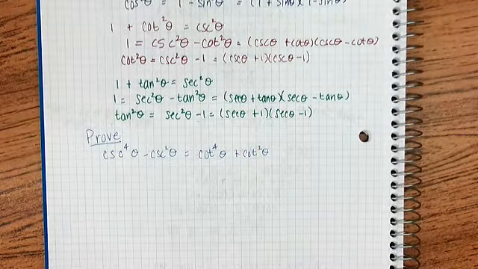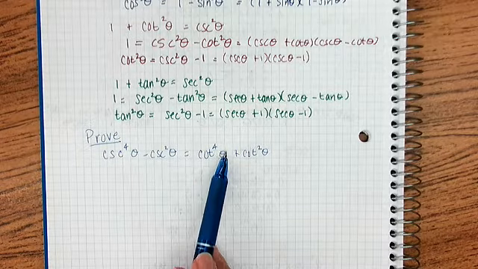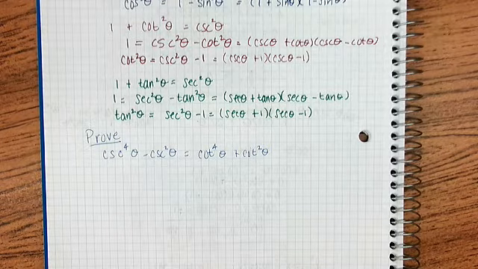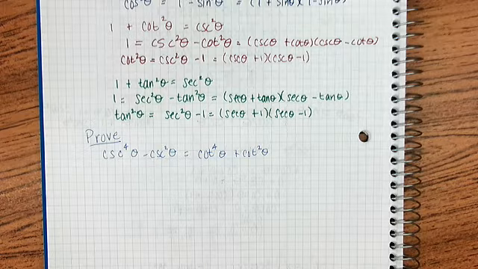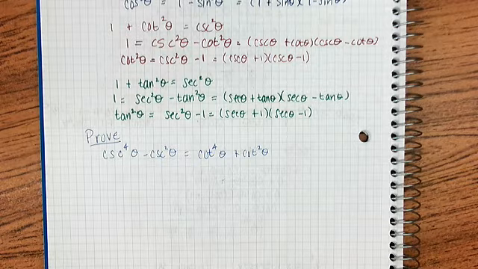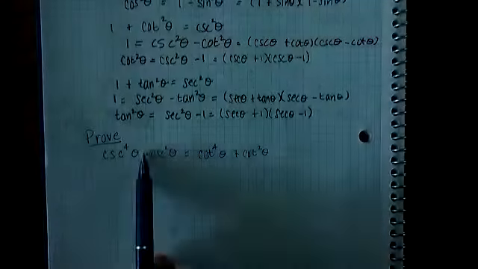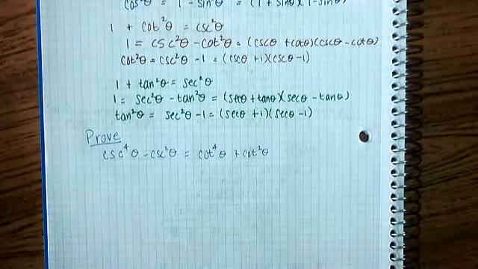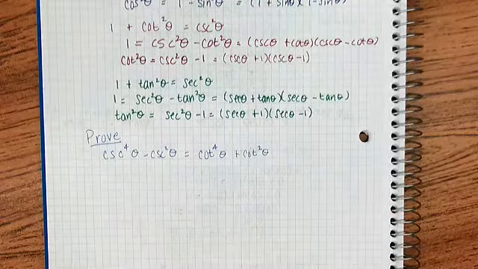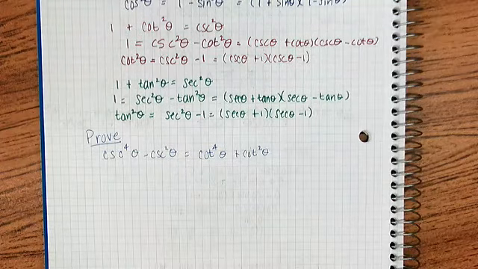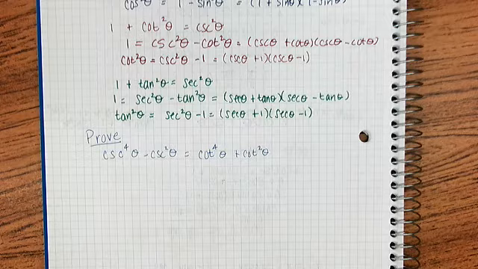You cannot subtract cotangent to the fourth theta from both sides. This is not an algebra equation. You're not trying to solve for the cotangent or the cosecant or whatever it is. Moving functions back and forth is not allowed. When you move functions back and forth, you're assuming it is true. You don't know it's true yet.